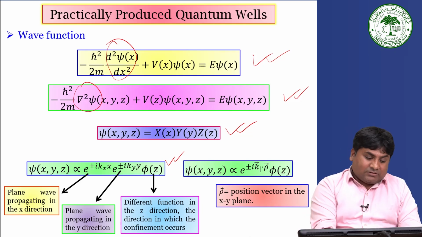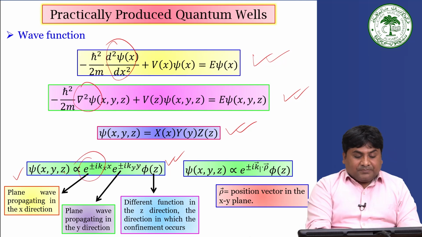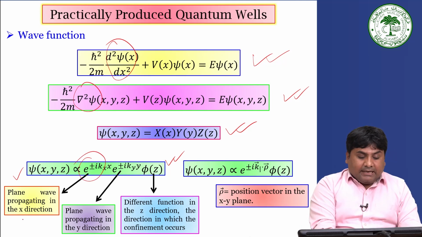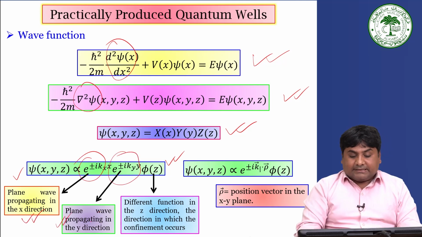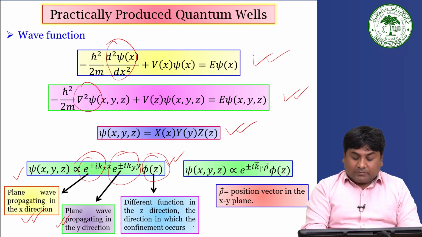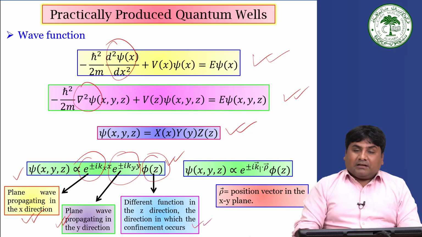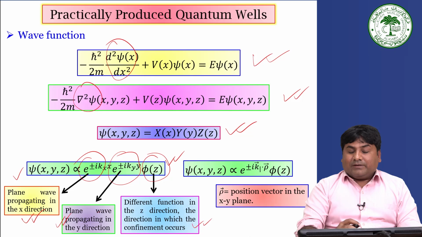So this one shows the plane wave propagating in the x direction, this one shows the plane wave propagating in the y direction, and for the z direction, in which your electron is confined, there is a different function. That means in the direction in which the confinement occurs, you get the wave function for the confinement effect.